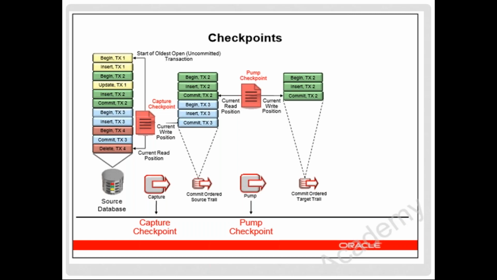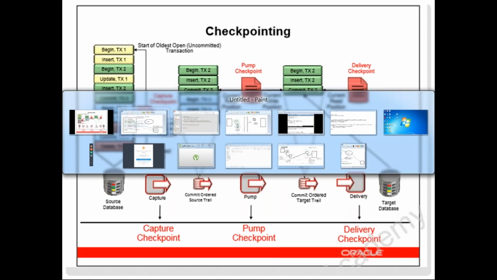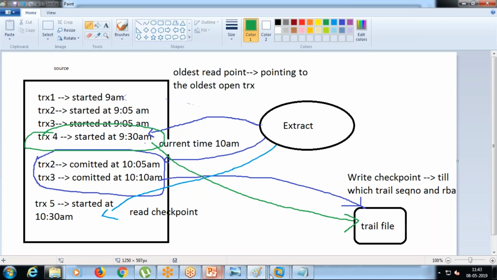Now, here is where the replicate comes. Replicate, as the name says, will read from the RMT trail and write to the database. One more thing here.